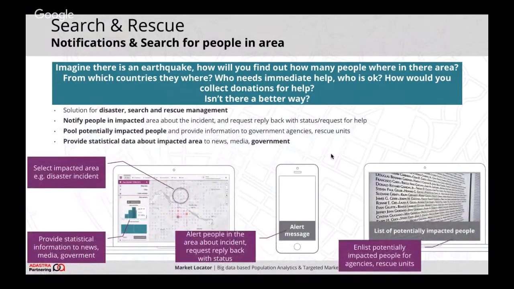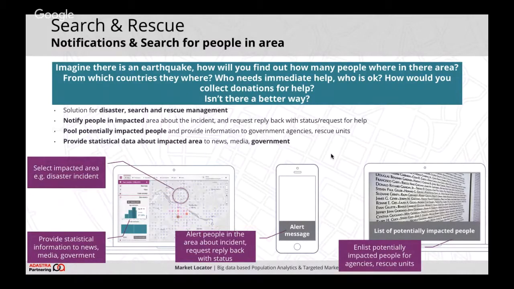Well, there's nothing easier than understanding how many people were in the given area of an earthquake based on telco data. There's the possibility to understand the distributions of these people. So what age were these people?